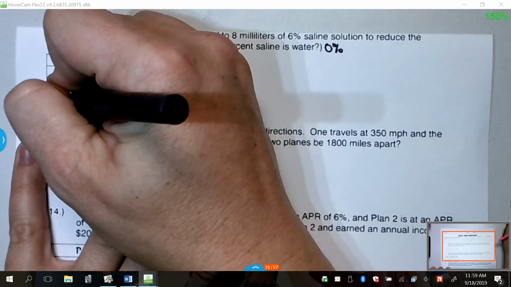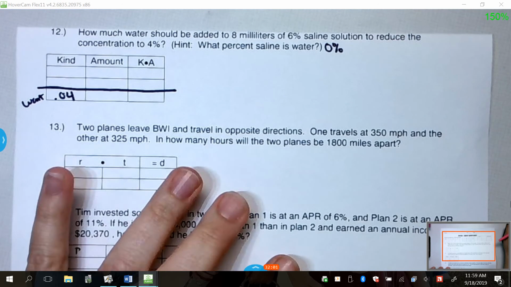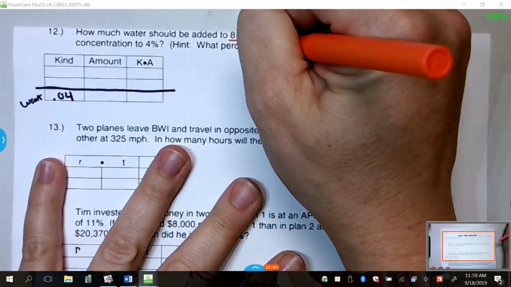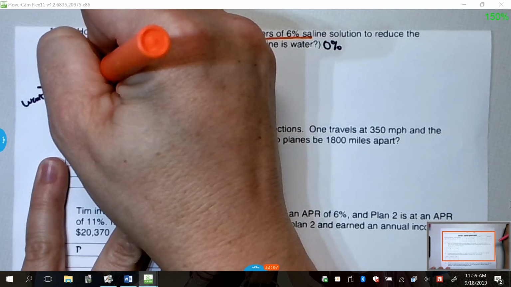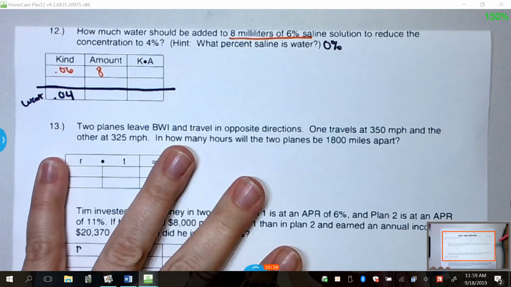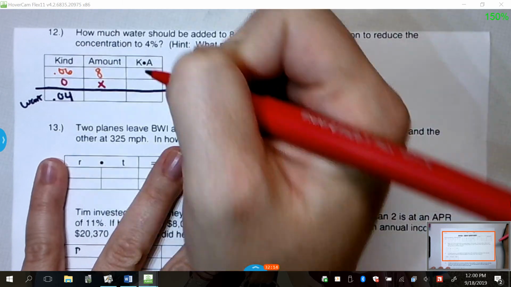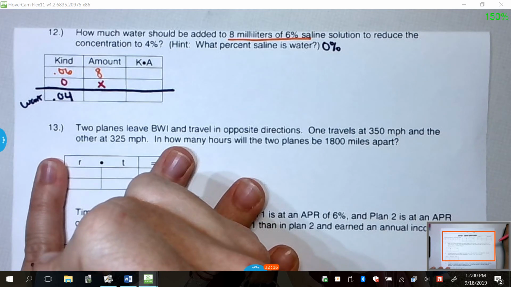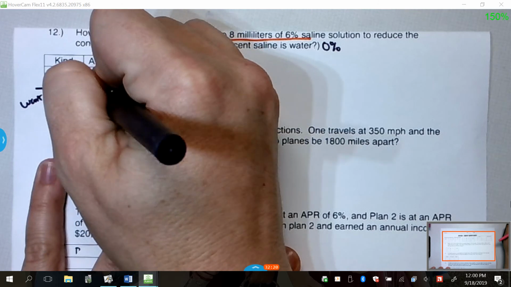We want the 4%, so 0.04. We have 8 milliliters of 6%, so 0.06 times 8 milliliters, and we're using water, which is 0%. We don't know what amount, and we want it to become 8 plus x.